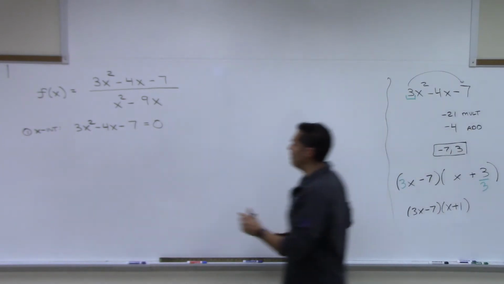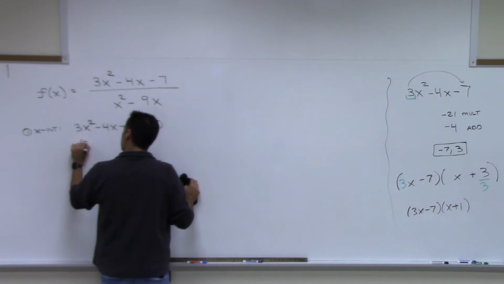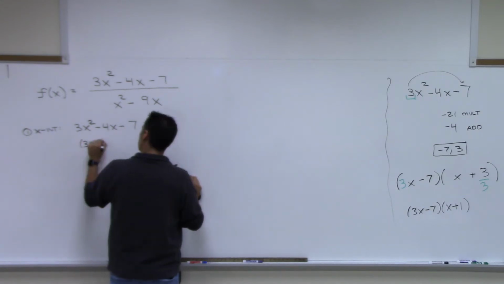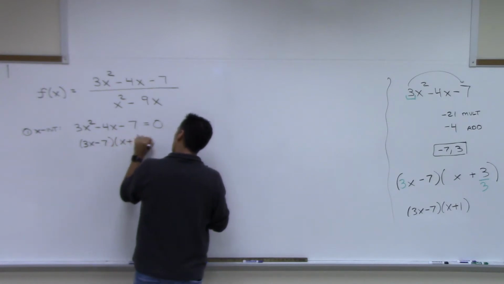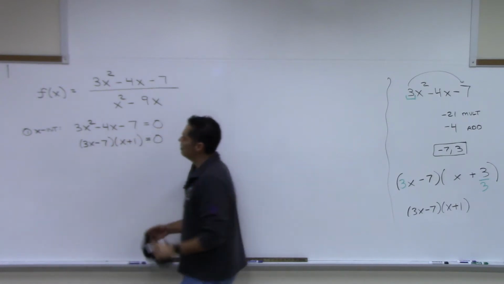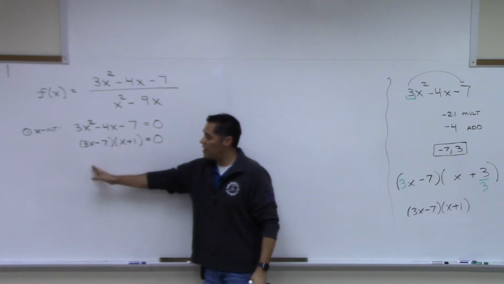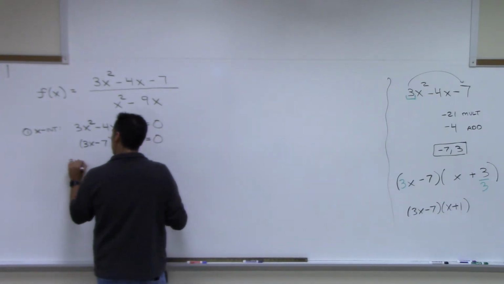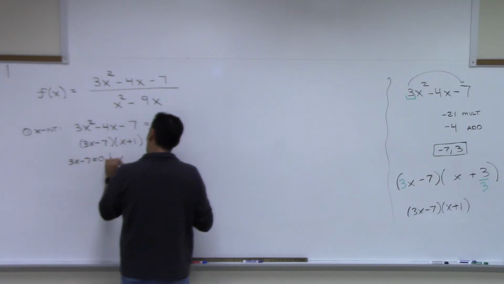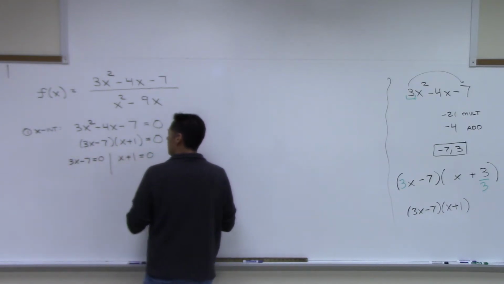So I can come back over here and write this as 3x minus 7, and then x plus 1 equals 0. And now that it's factored, I can set each factor equal to 0. So I set 3x minus 7 to 0. I set x plus 1 equal to 0.